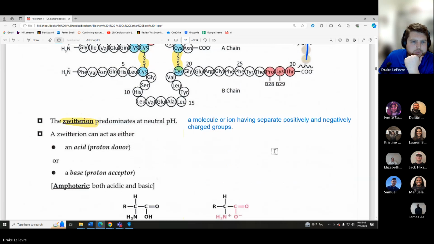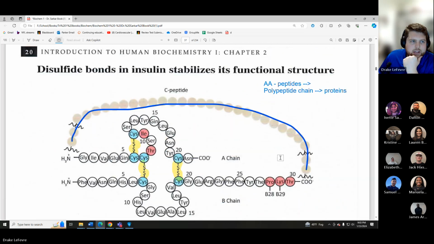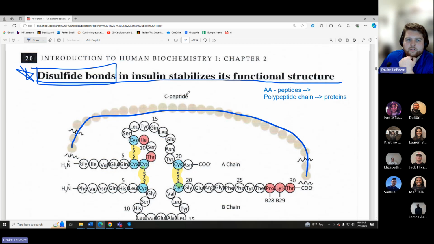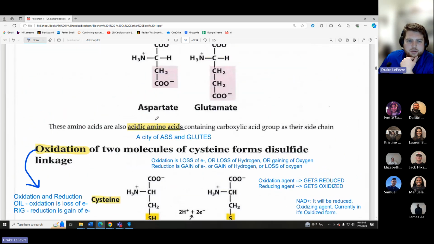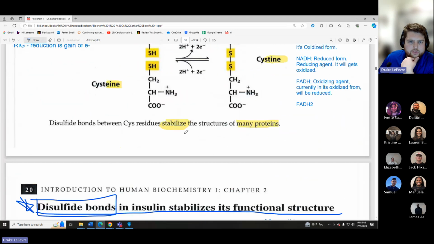Okay. This will come back later on, so don't worry a ton about it. Just know that disulfide bonds in insulin stabilize functional structure. You want to know what forms the disulfide bonds, and it's mostly between cysteines.